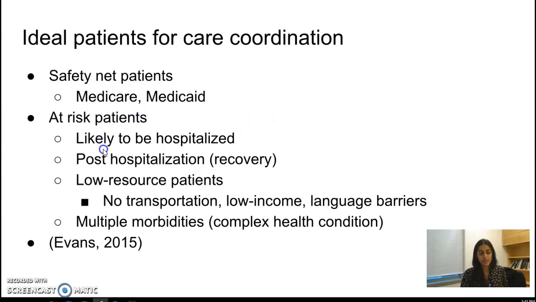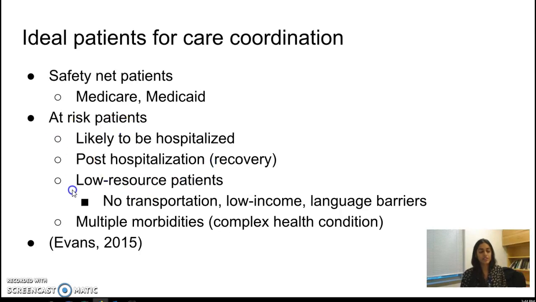At-risk patients are also, according to Evans, very likely to not get all the care they need if they're likely to be hospitalized or if they're post-hospitalization and they're recovering. A care coordinator could be the difference between that person getting readmitted or recovering well and going home and staying home.